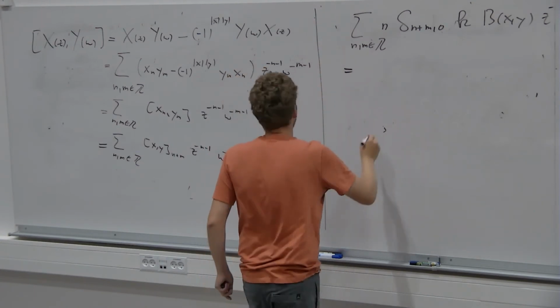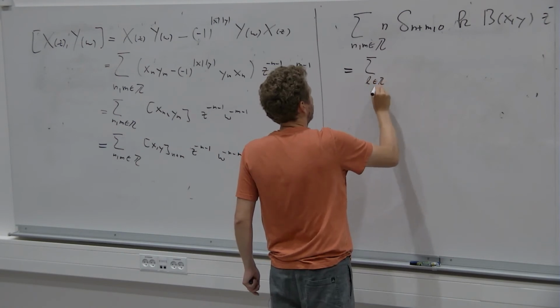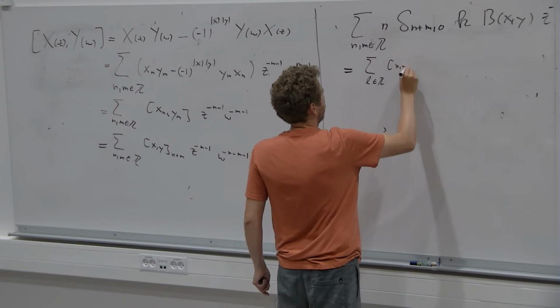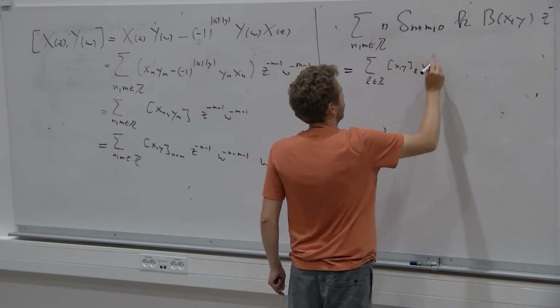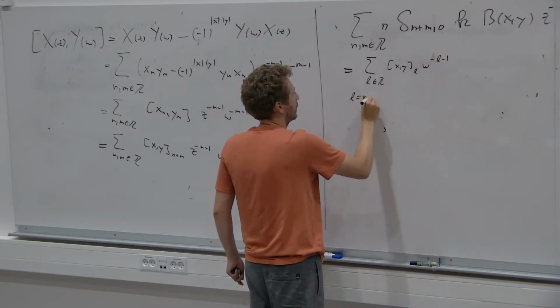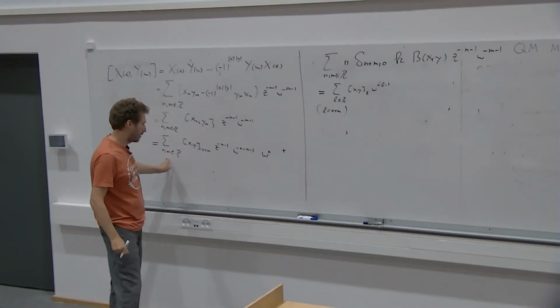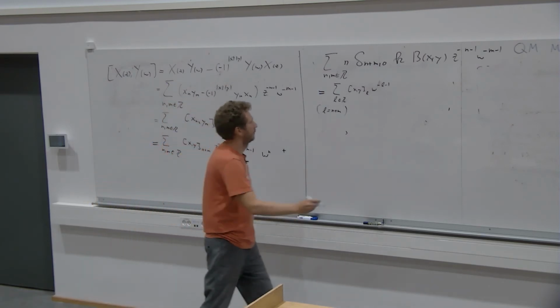So then this becomes, let me call this L. So here I set L is equal to n plus m. So that's good. And then I'm still left with the sum here.